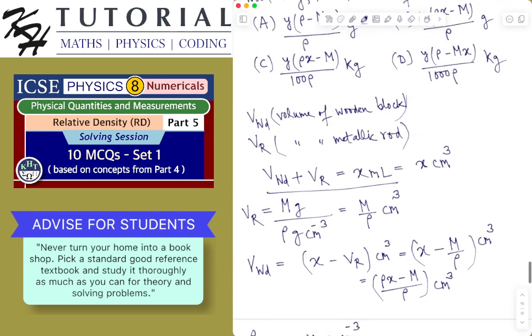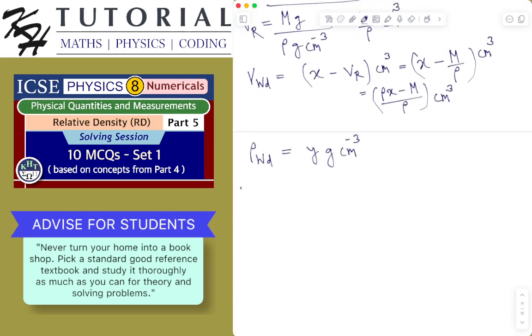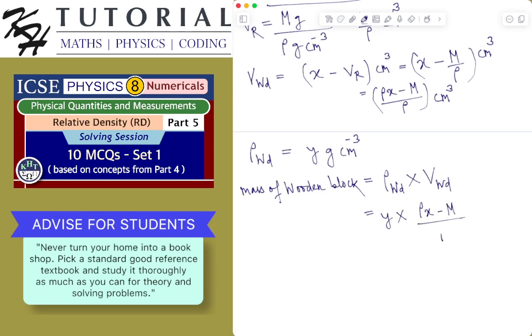The question asks for the mass of the wooden block. The mass of the wooden block will be equal to the density of wood multiplied by the volume of the wooden block. The density is Y, and the volume we have found to be rho x minus M divided by rho.